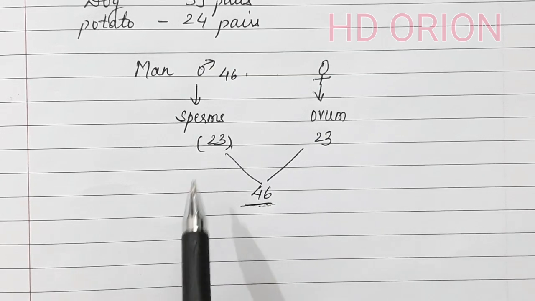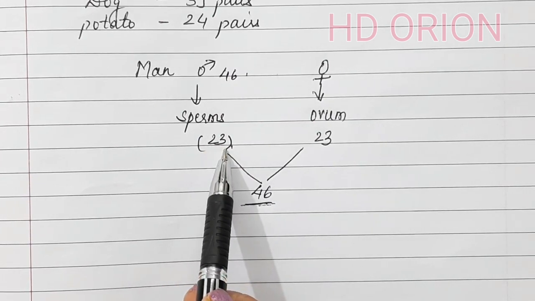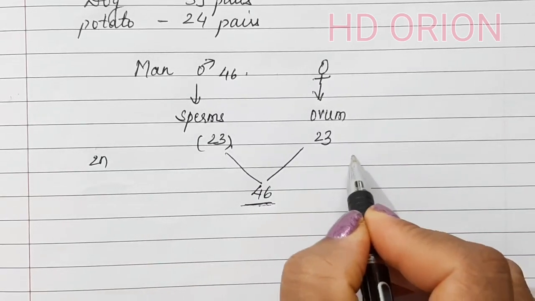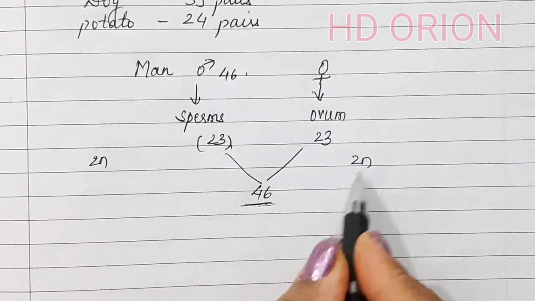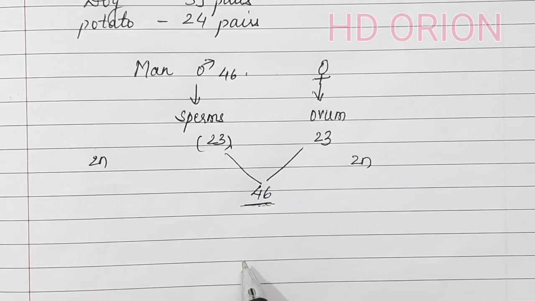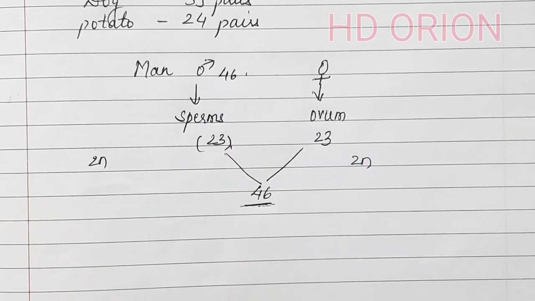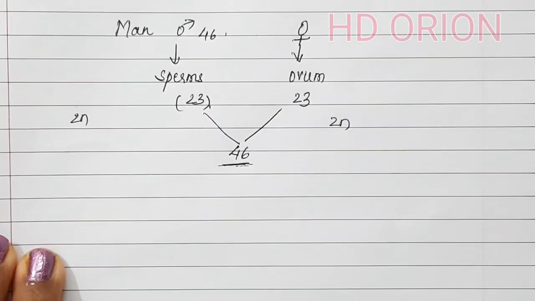So that the human chromosomal number is maintained. Had it not reduced to 23 each time, if it had been 2n, and the ovum was also 2n, the resultant would be 4n, which would not be possible because the chromosomal number would increase to 92, and it would not stop. In each generation it would increase to 8n, 16n, and so on.